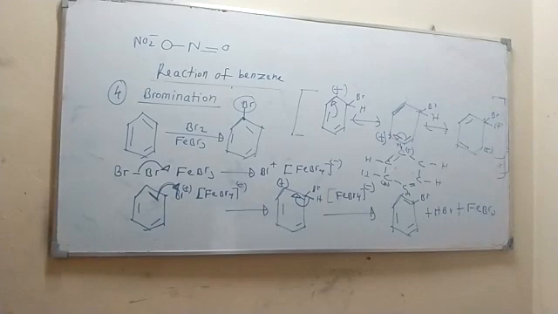Miss, how can we explain the benzene by sigma and pi bonds? Sigma and pi bonds means you want to explain the resonance, delocalization, those properties. I'm doing chem, in which they have asked how to describe the benzene. Okay.